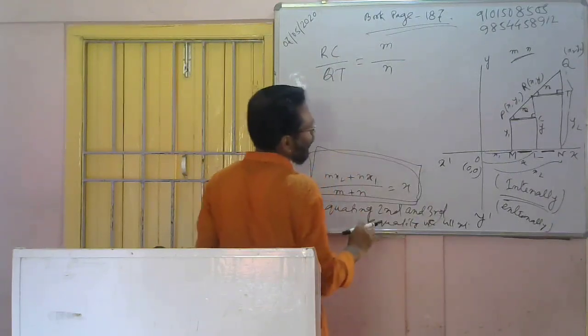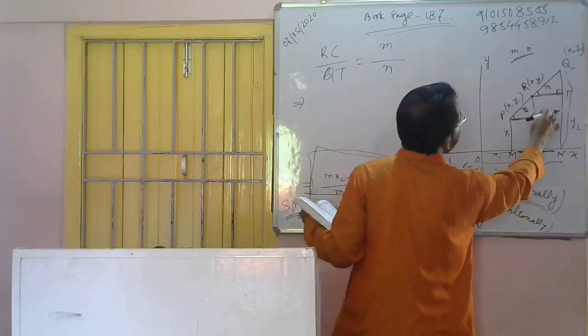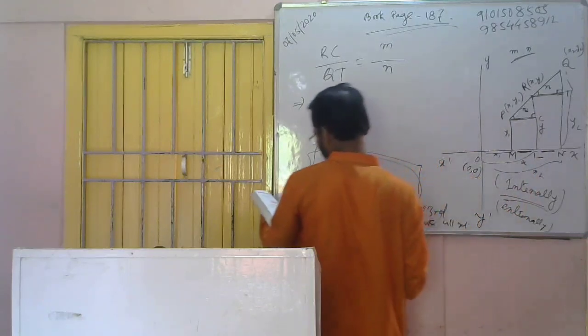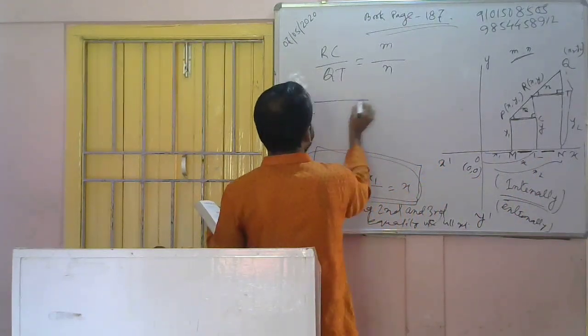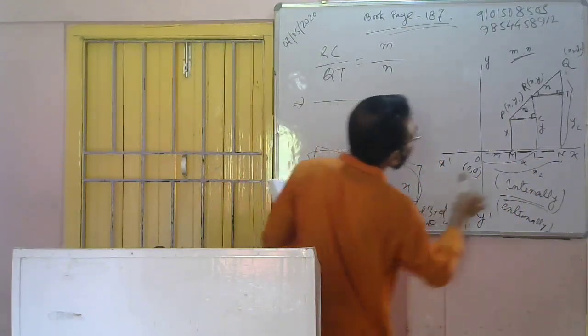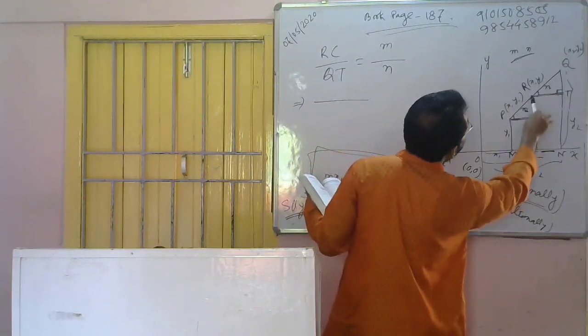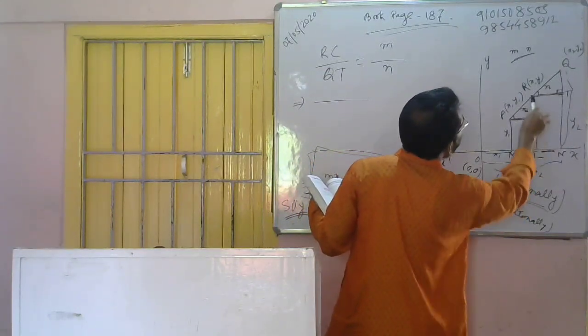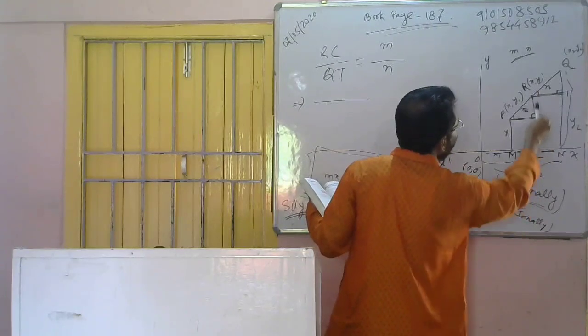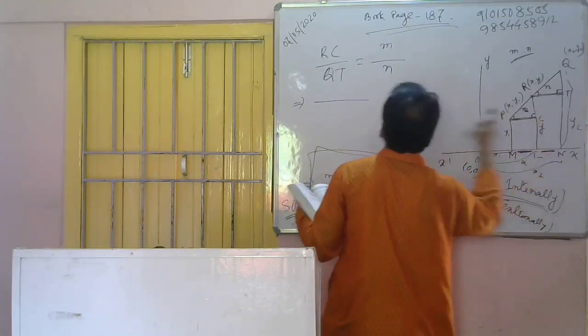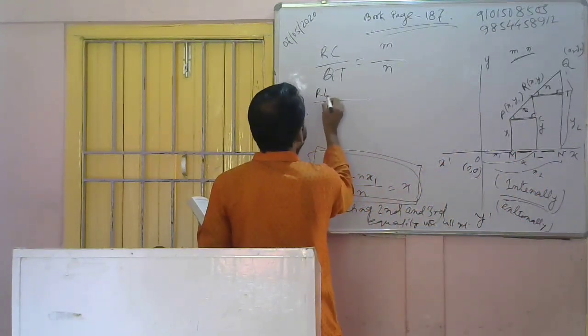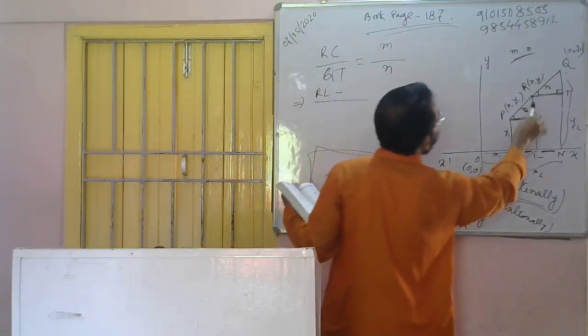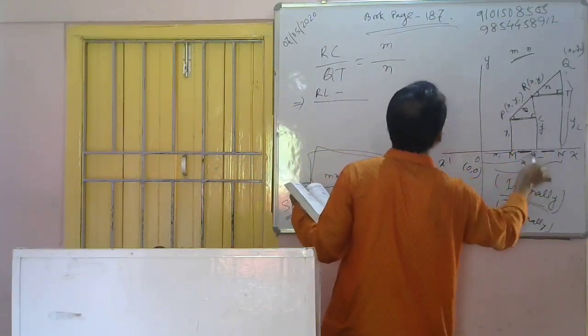Now from the diagram, this RC. So what is RC? If we subtract, means from this distance, total distance RL minus this LC.